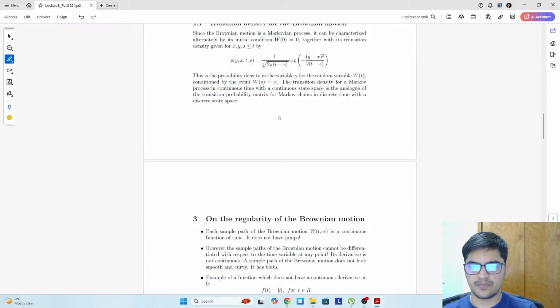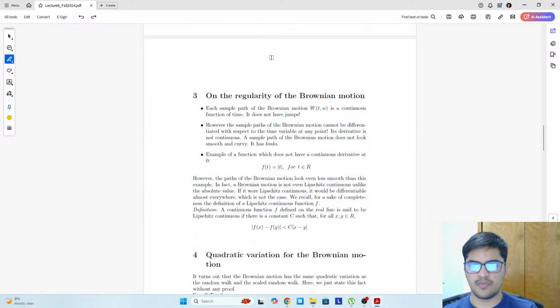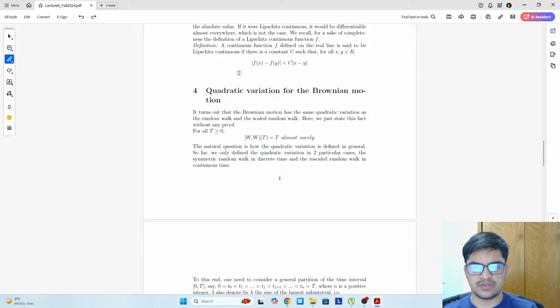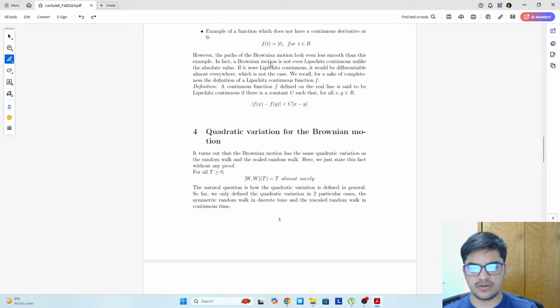We also learned about the probability density function of Brownian motion, which is similar to the normal distribution, and we also saw that it is not Lipschitz continuous.